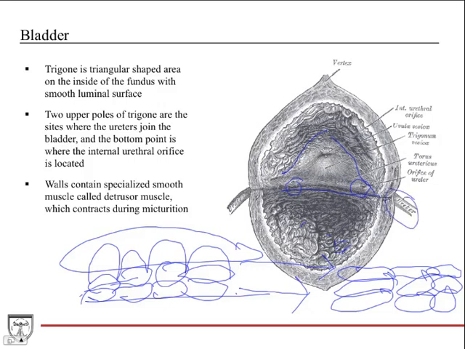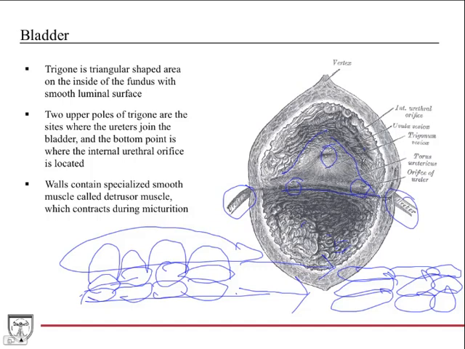If you look at the ureter here and here, this is where these valves and openings occur. So it facilitates a nice flow for the urine right into the bladder. And at the point of the trigone, you have the internal urethral orifice, where the bladder joins the urethra. Again, it helps facilitate smooth flow of the urine out of the bladder and into the urethra.